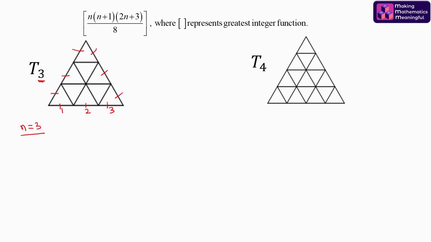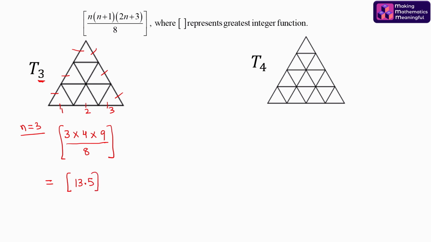So, let us substitute this value in this formula. 3 into 4 into, this will be 6 plus 3, 9, and then divided by 8 and its greatest integer, which comes out equal to, after simplification, 13.5.